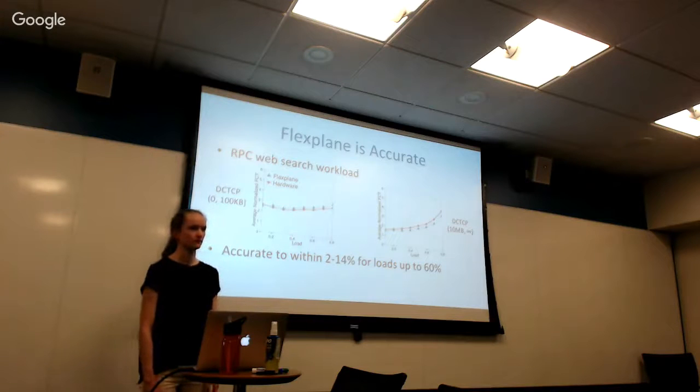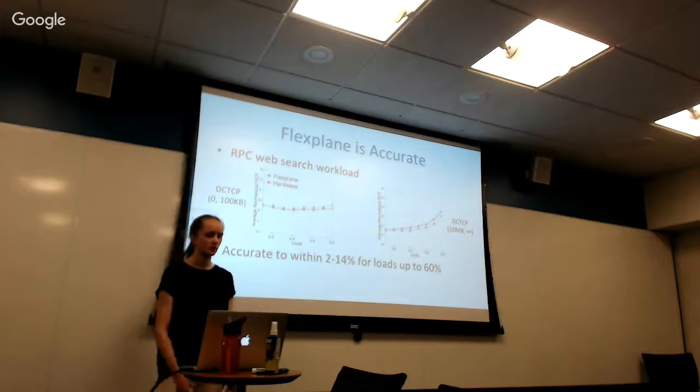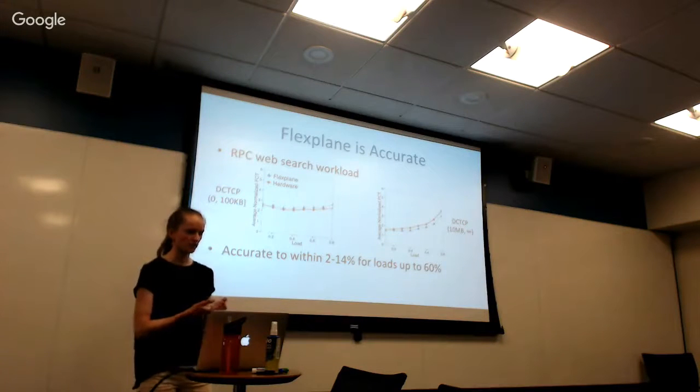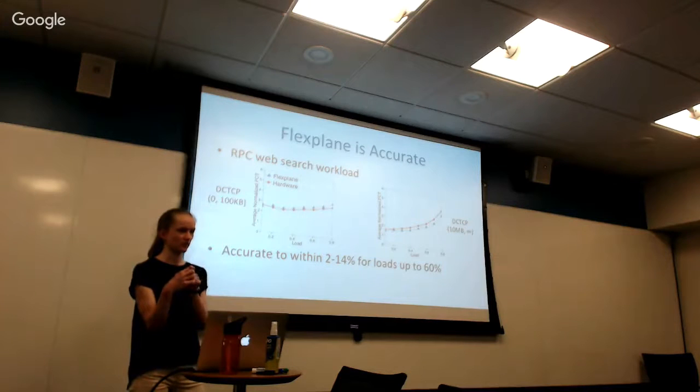Yeah? When you measure flow completion time, do you measure it from the packets in the real hardware or from the emulator? In the real hardware. How different is the flow completion time you get from the emulator? You mean, when you say measure it from the emulator, you mean look at the completion time of a flow just within the software emulator? Yeah, like when the last abstract control packet is received.